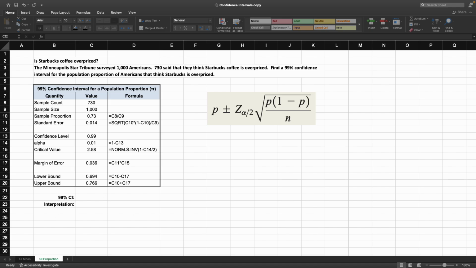This means our 99% confidence interval is going to be between 0.694 and 0.766.